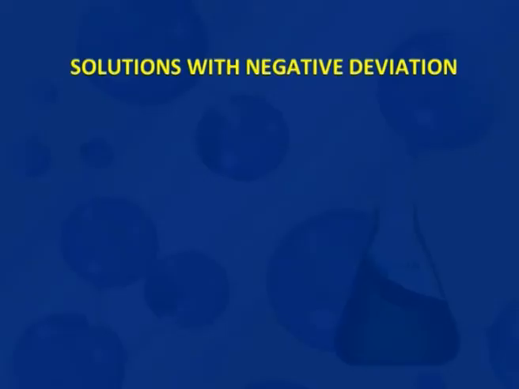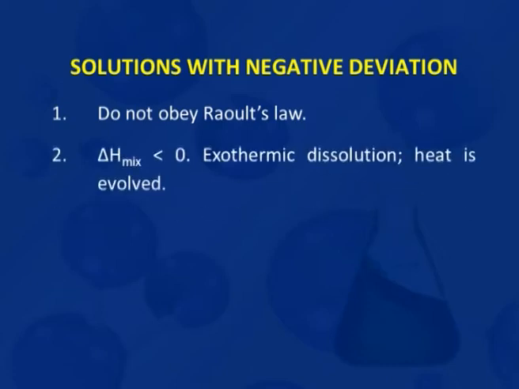These solutions also possess some characteristic properties. These properties are: they do not obey Raoult's law, delta H mixing is always less than 0. It means exothermic dissolution takes place and heat is evolved during the solution making.